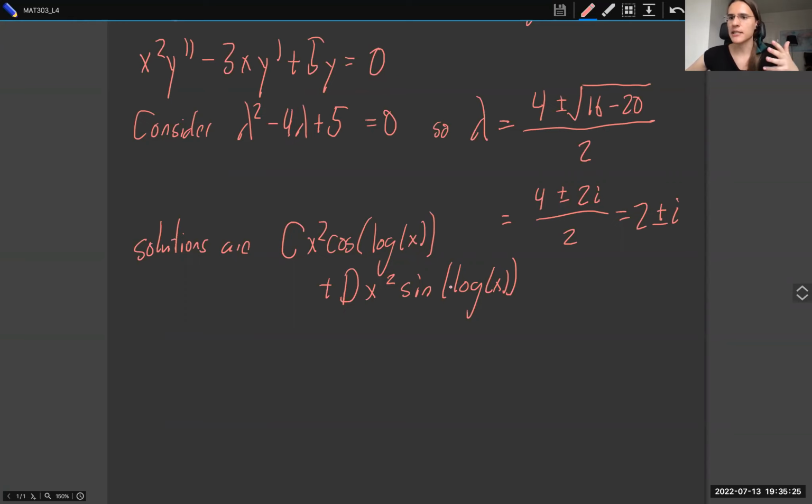The only base that makes sense to consider for the log is the natural one, so that it's the solution of the differential equation, for example, y prime is 1 over x. Okay, so log is always the natural logarithm.